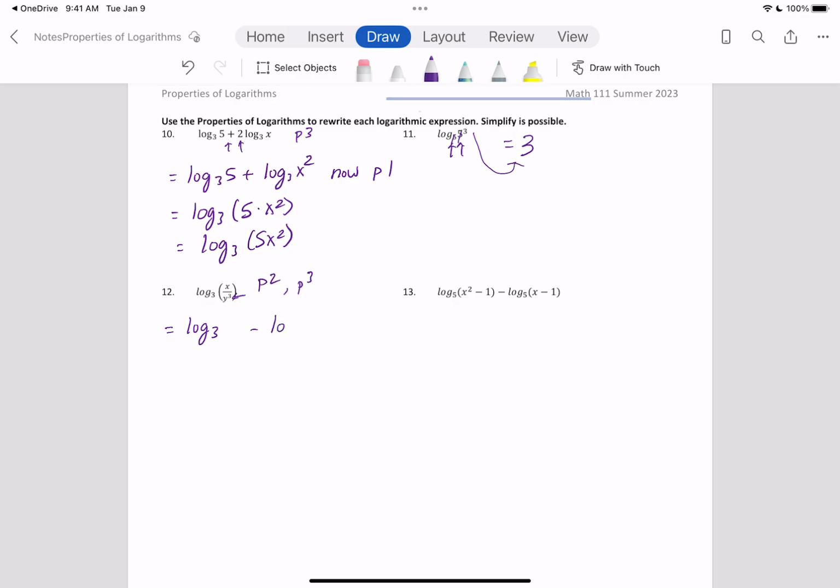So it's log base 3, log base 3. This one is x. This one is y cubed. And then we use property 3. That'll let me bring that 3 down to the front, and I get log base 3 of y.